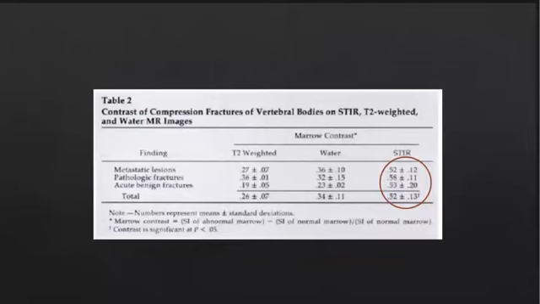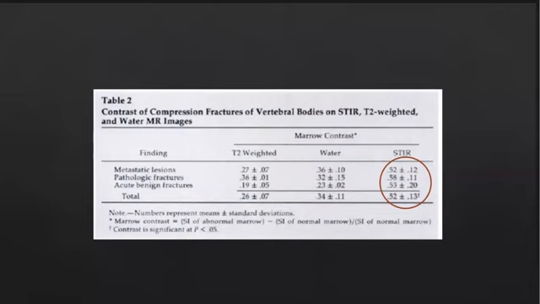This chart shows greater values of STIR sequence in relation to the signal intensity contrast that were found in comparison to T2 and water sequences. This data suggests that in direct comparison in the same patient, the high signal intensity in both metastatic disease and acute benign compression fractures on T2 and water images is seen better on STIR images.